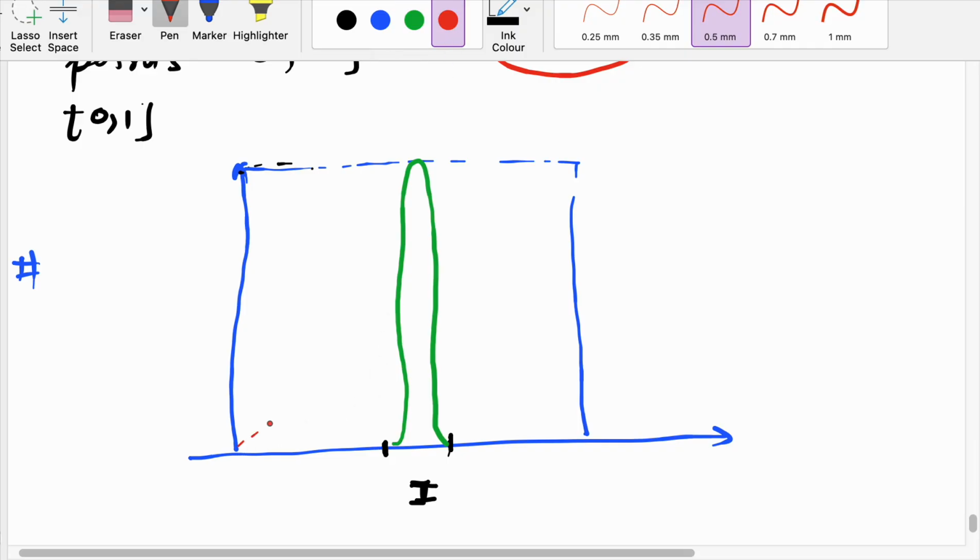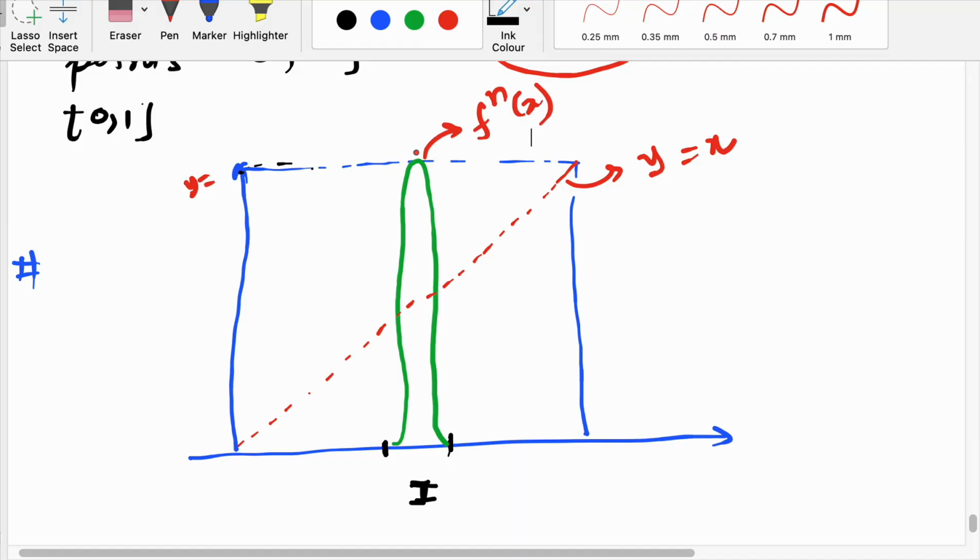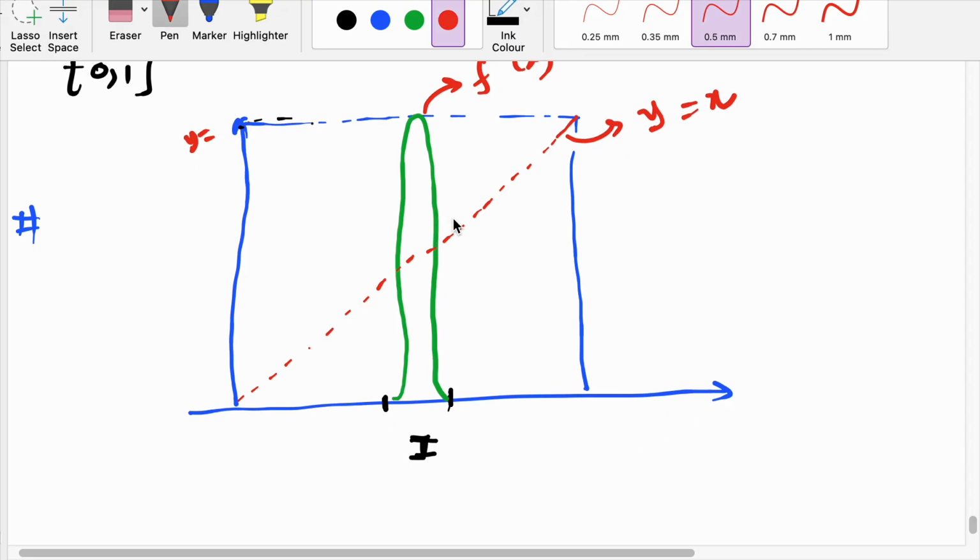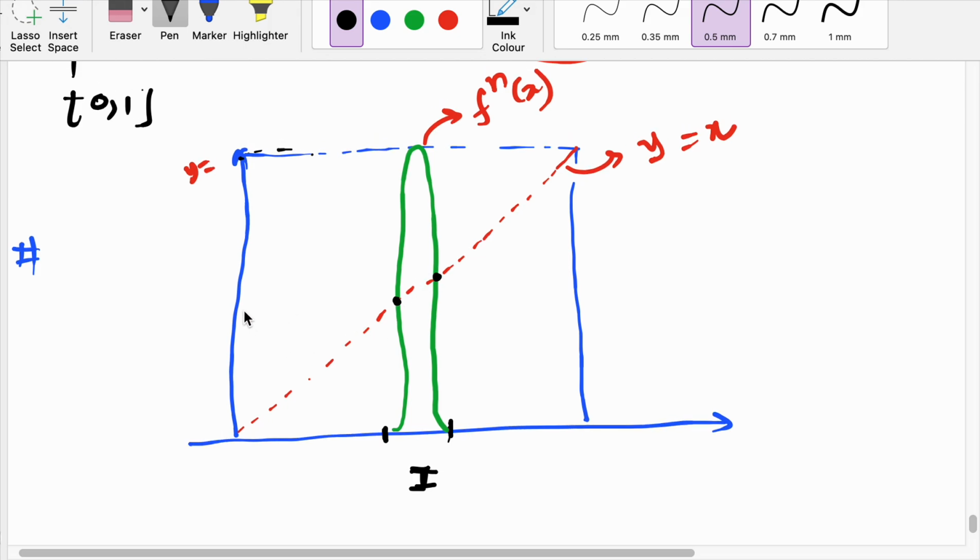Now let us draw the identity line. This is the identity line, which means y equal to x, and this is the f^n(x). Now what we have learned is where this line and this curve intersect each other, that means this point and this point. What does this point mean? This is f^n(x1), and this is also f^n(x2).